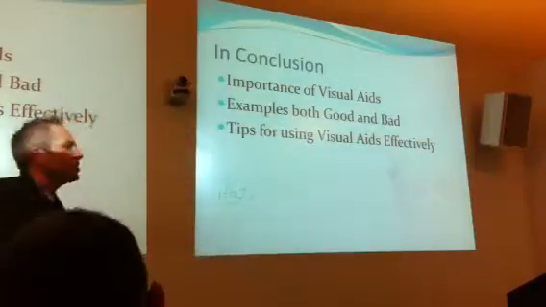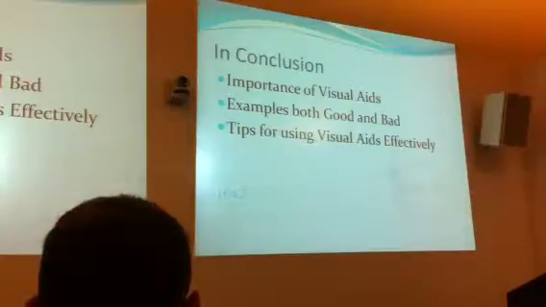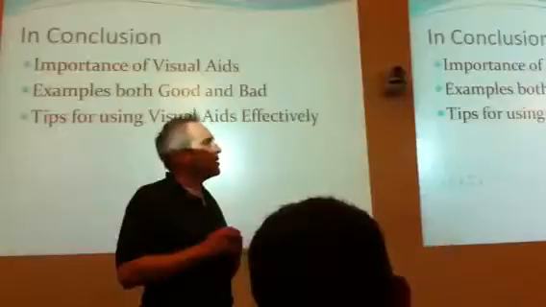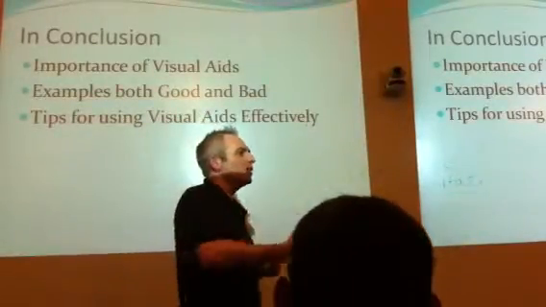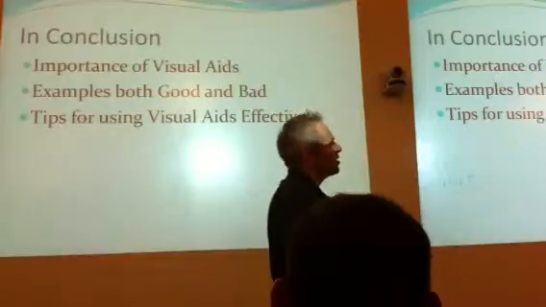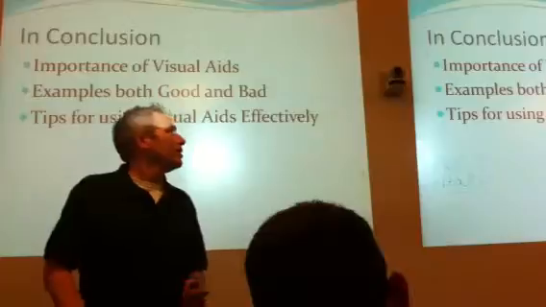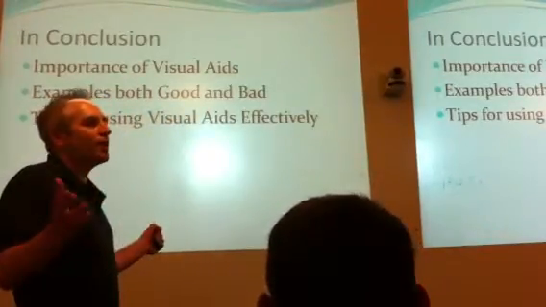So, what did we talk about tonight? The importance of using visual aids. We talked about why it's important. We see that for retention of information, it's essential. You have to use them to get your point and message across to your audience, and more importantly, as we said, help them retain it. I gave you some examples of good and bad. The key to this: be brief.